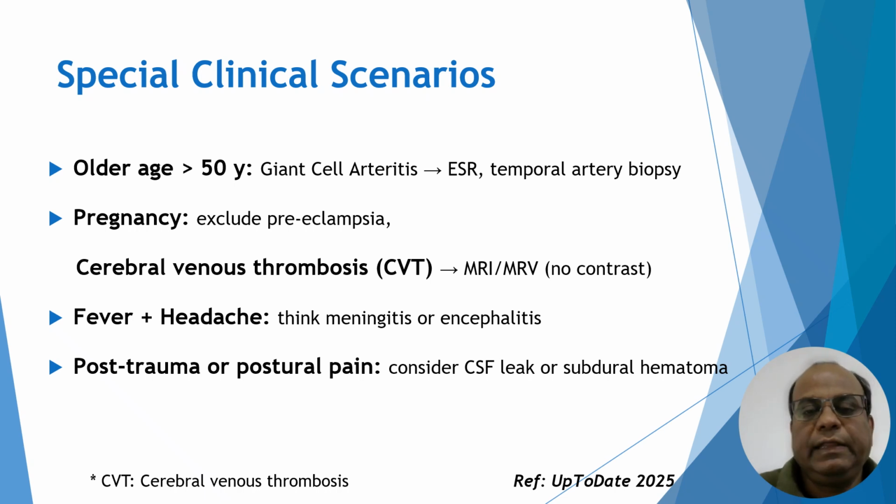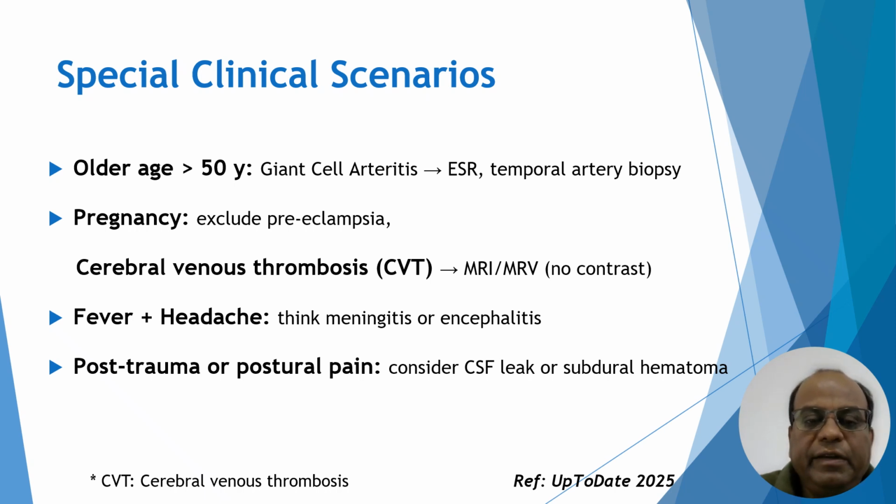In case of pregnancy, you must rule out preeclampsia by taking proper history, physical examination, and investigation as necessary. Also in pregnancy, cerebral venous thrombosis or CVT is common, so MRI and MRV without any contrast should be done.